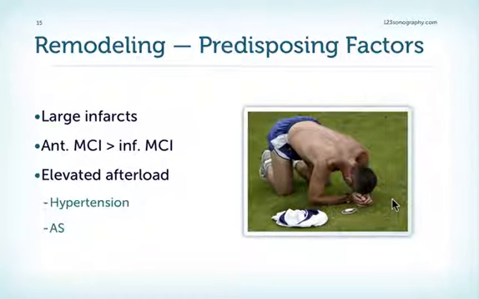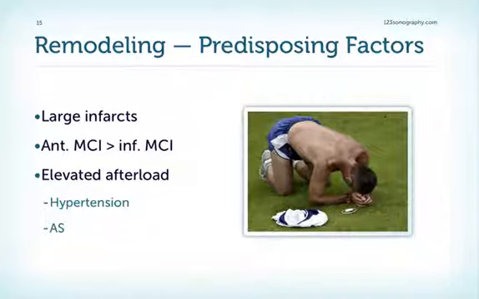Remodeling usually occurs in patients who have large infarcts. Therefore, it is also more common in patients who have anterior infarcts as opposed to inferior infarcts. And it also occurs more frequently if the patients have an elevated afterload. In other words, if patients also have hypertension or aortic stenosis, they're at increased risk of developing left ventricular remodeling.